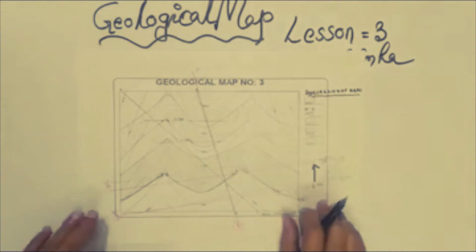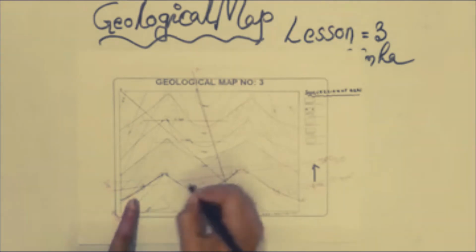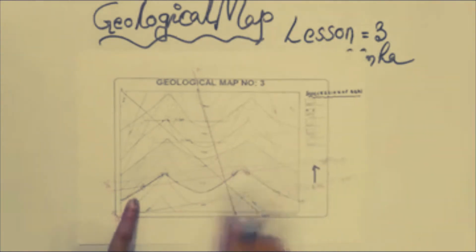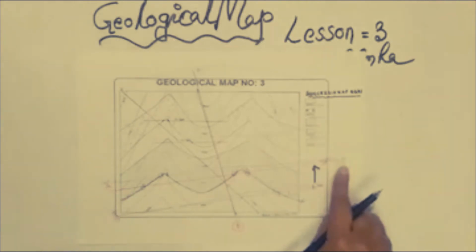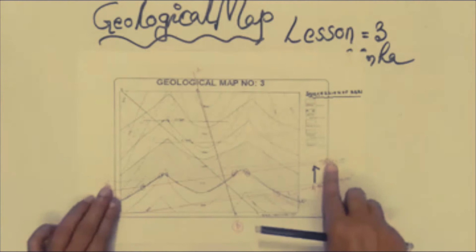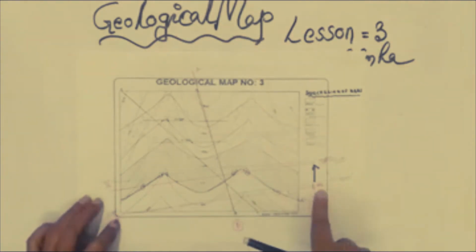Last class I told you how to draw a strike line. Connecting the values of contours cutting the particular bed, you can easily identify the strike line. Suppose this is the strike line of 300 feet, and this is the strike line of 400 feet, according to the scale of the map.